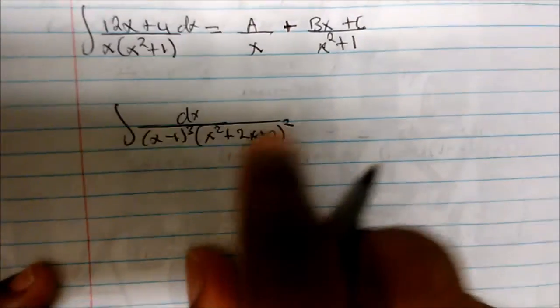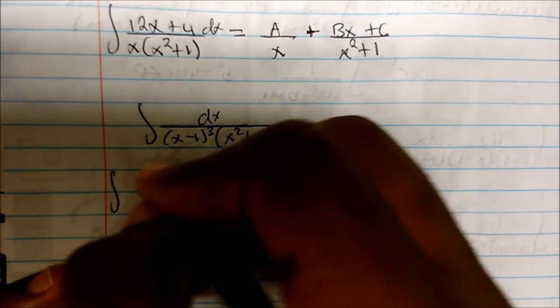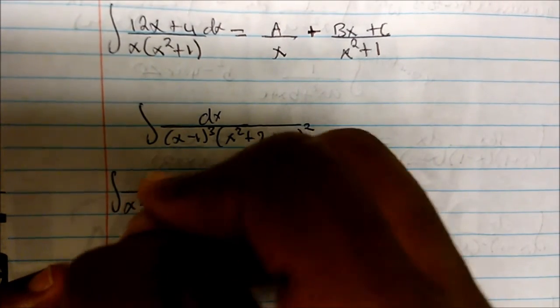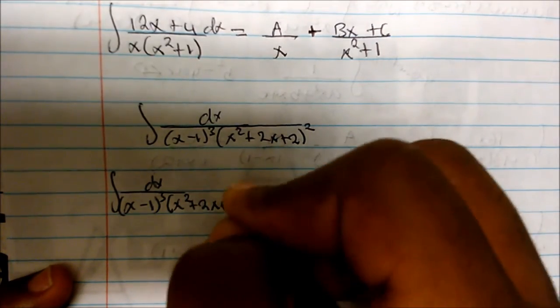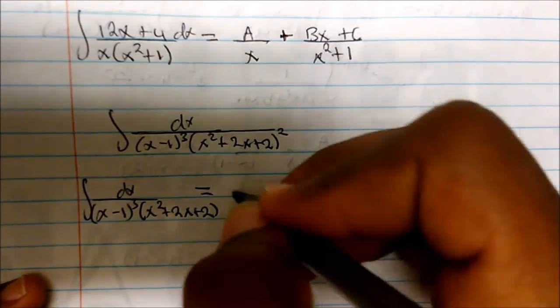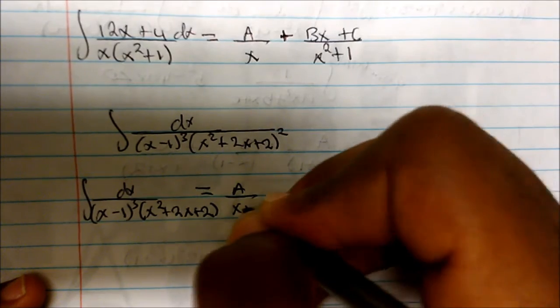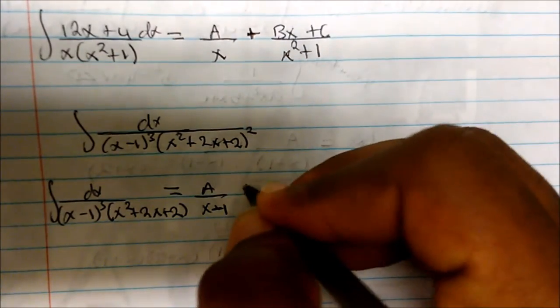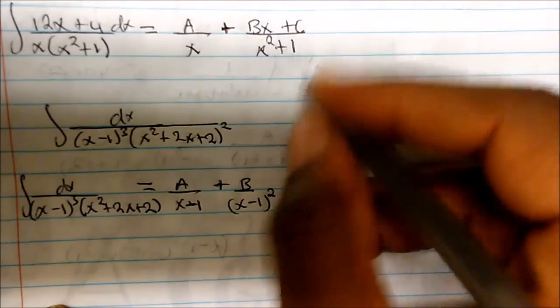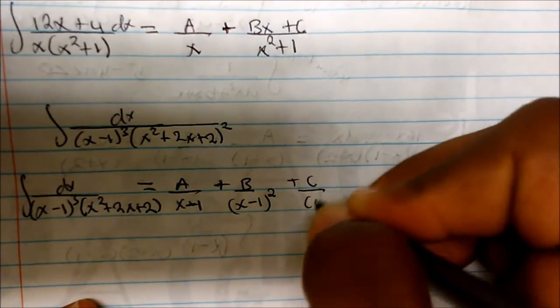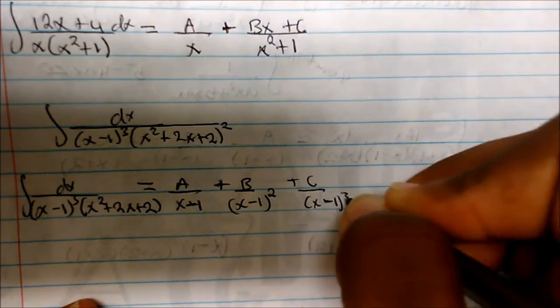So if I look at this, the way I'm going to split this up is that if I rewrite my integral as dx over x minus 1 cubed times x squared plus 2x plus 2 squared, well, I'm going to split this up into A over x minus 1 plus B over x minus 1 squared plus C over x minus 1 cubed.